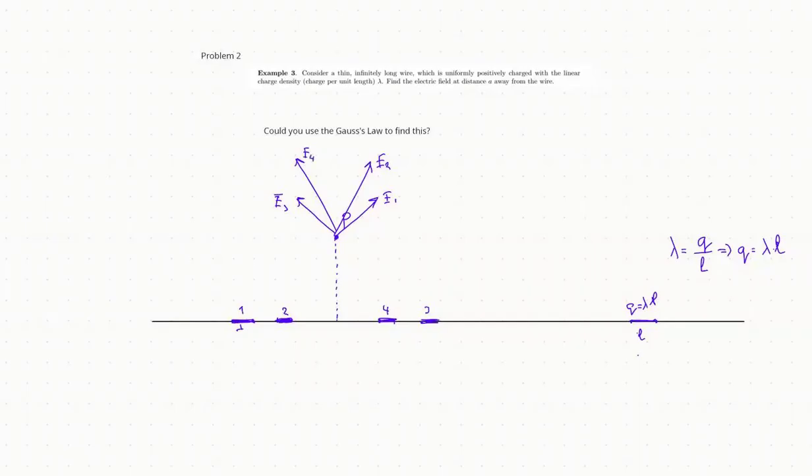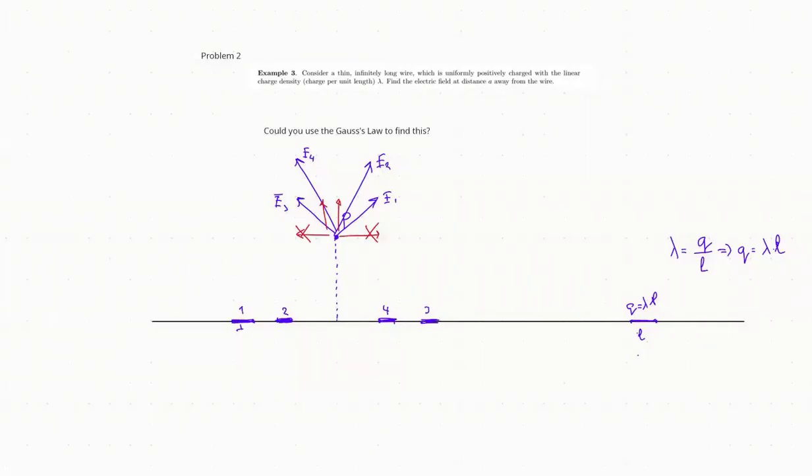So we can notice that if we split E1 into components, and we split E3 into components, you would see that this horizontal component cancels with this component. So we only need to consider the vertical component of the field. Does that make sense? Please ask me a question if it doesn't.